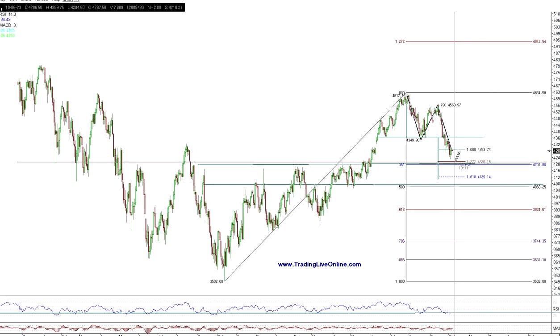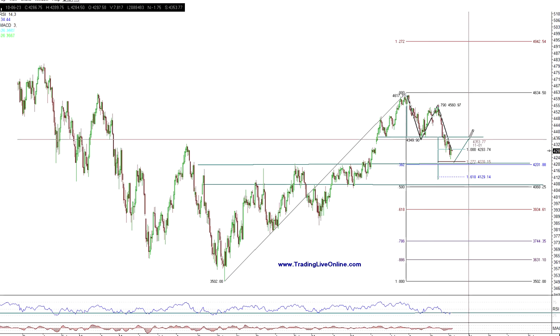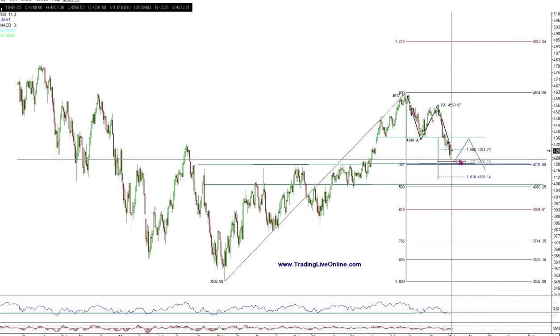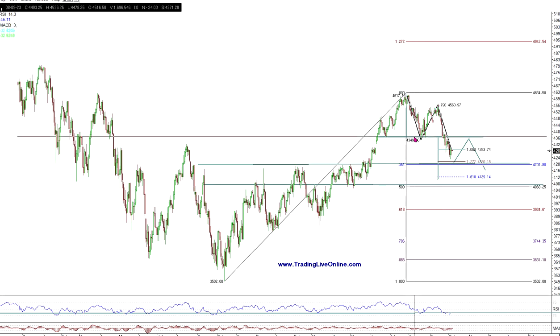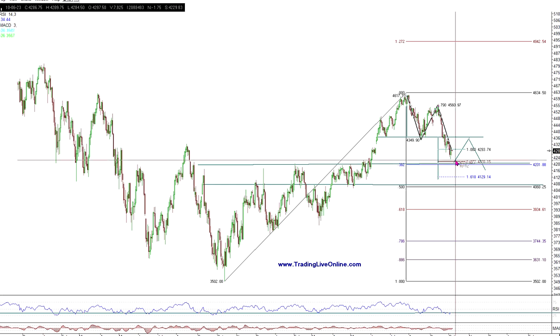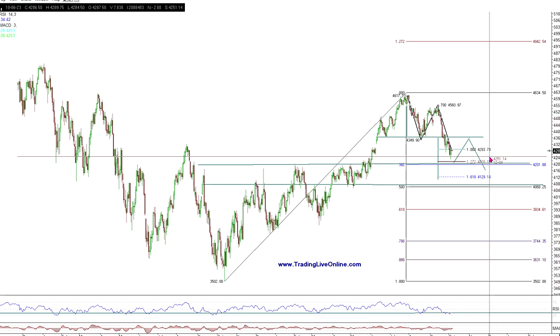If we start to get a bounce and it does something like this, or maybe even retests right up to here, and then possibly, this is just one scenario, comes back down and breaks this level of support, we're now going to have a succession of lower low, lower high, lower low, lower high, lower low. See, and that's going to confirm that downtrend until the market changes direction again.